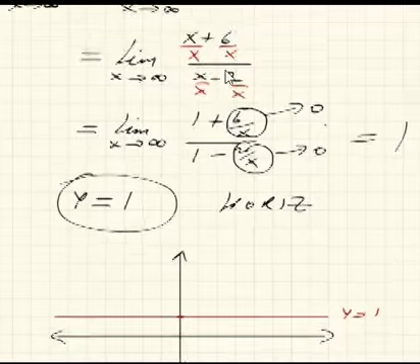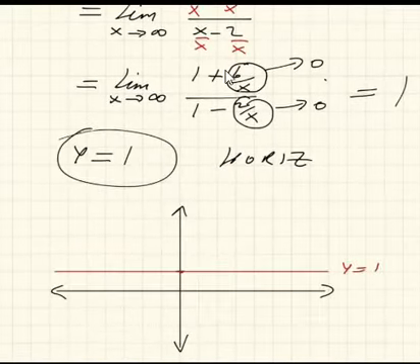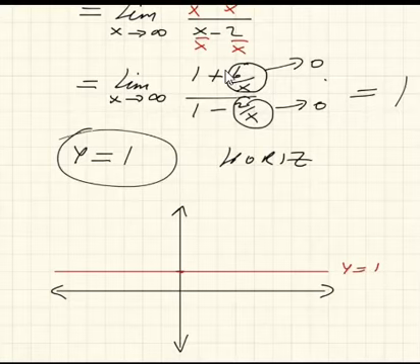And as we saw earlier, there's another asymptote at x equals 2. So if we dot in 2, there's x equals 2.